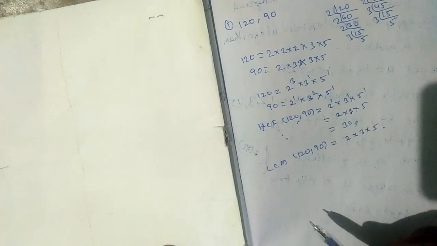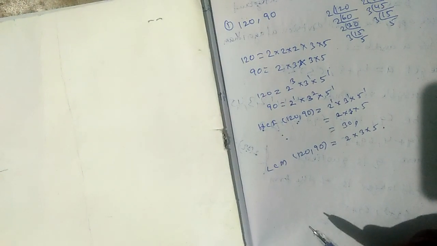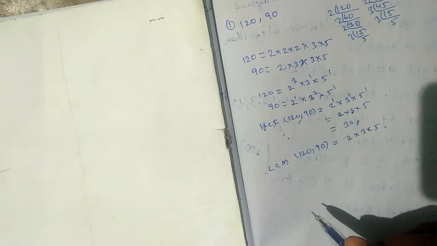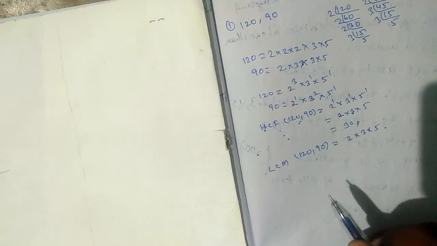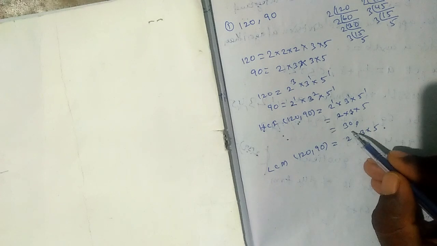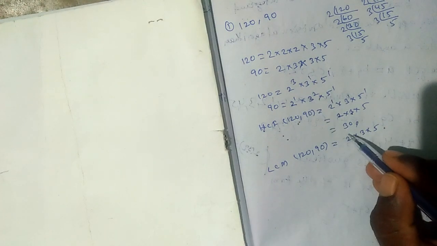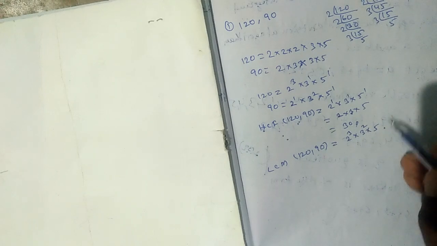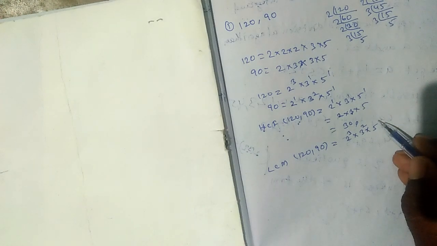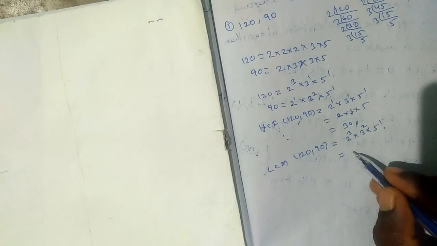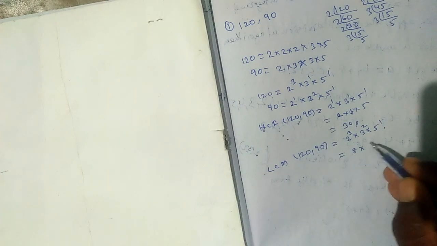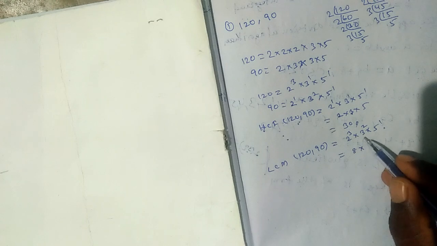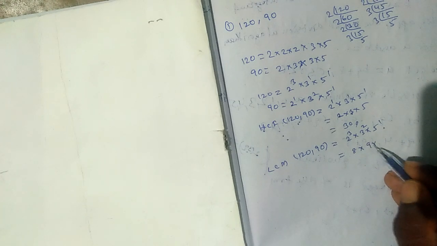So here we are going to write the highest power of these factors. What is the highest power of 2? 3. What is the highest power of 3? 2. What is the highest power of 5? 1. Here 2 cube means 8. 3 square means 9. And 5.